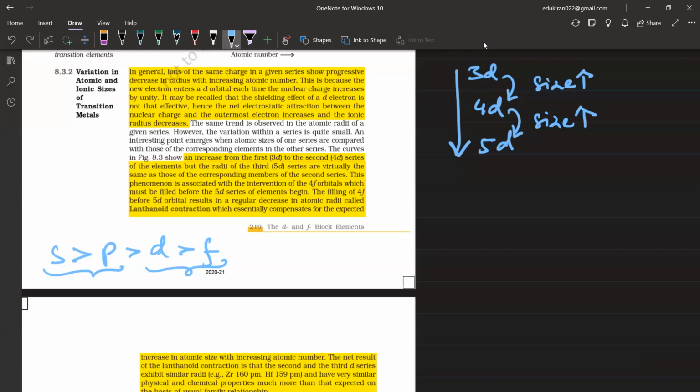Why is that? The reason is 5D से पहले we have 4f electrons. See here. In 5D series, the 4f electrons are already filled.